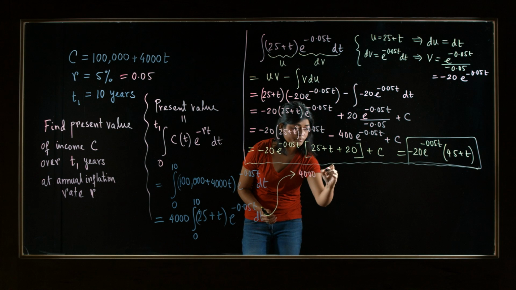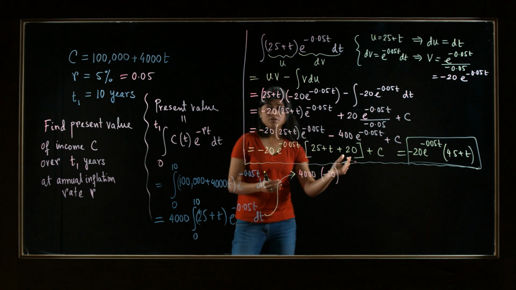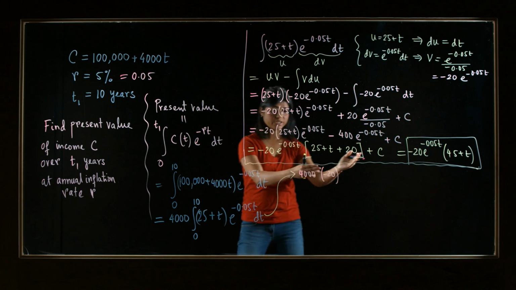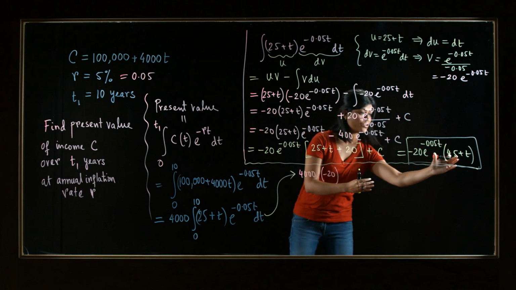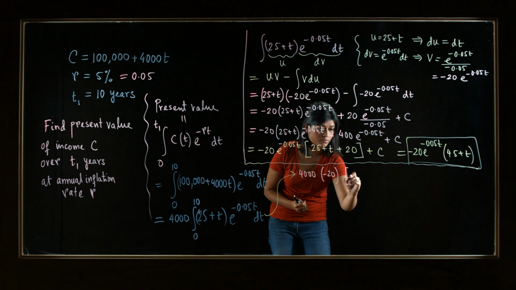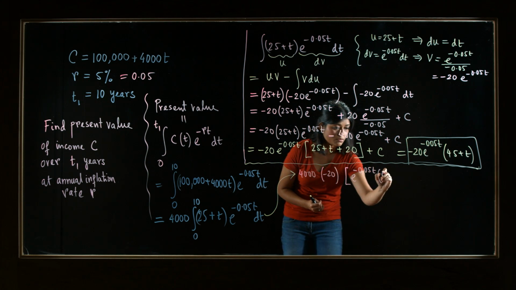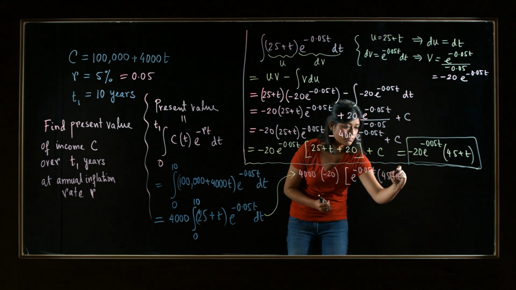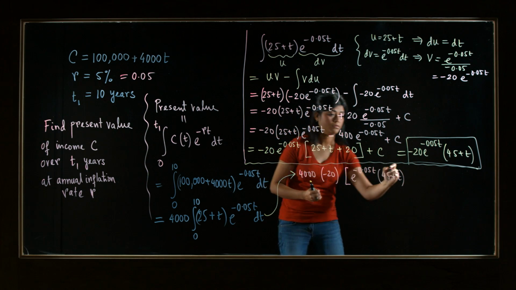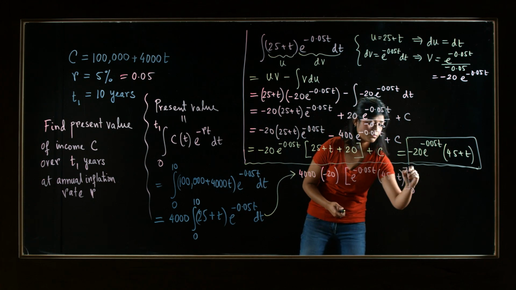So we will have -20. It's a constant, so we can just keep it by itself. And then the remaining portion that has the variable t, you can plug in the limits 0 to 10.